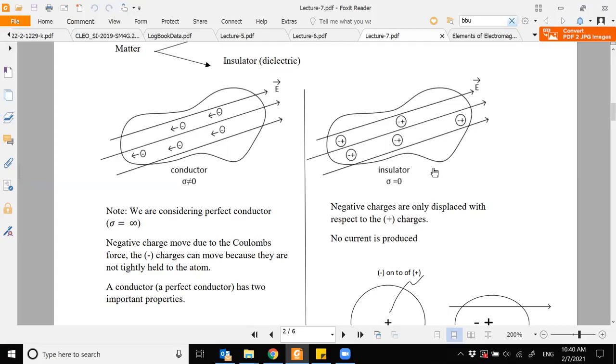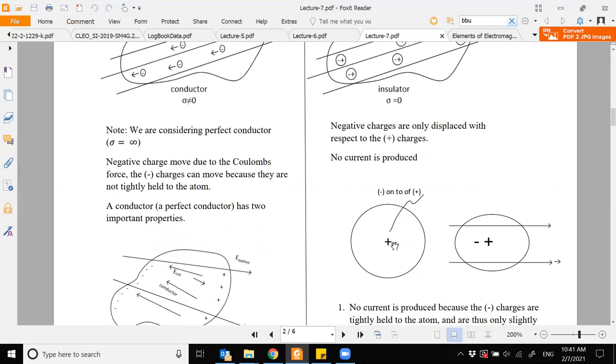So because of the influence of the electric field, the distance between these two will change compared to the neutral case without an applied electric field. Without the field this is the distance, and by applying the electric field the distance will increase.